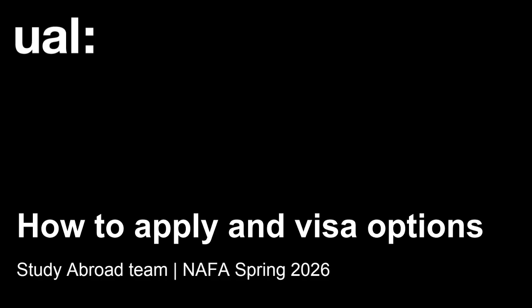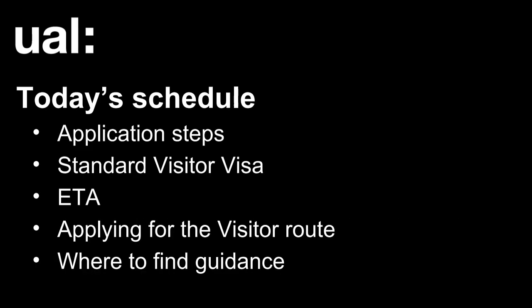I'm going to just take you through how to apply for the NAFA courses. You should be able to see the first page of the presentation now. I'll take you through the application steps very quickly. It's a very easy application.